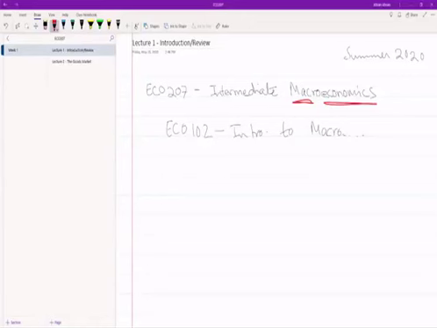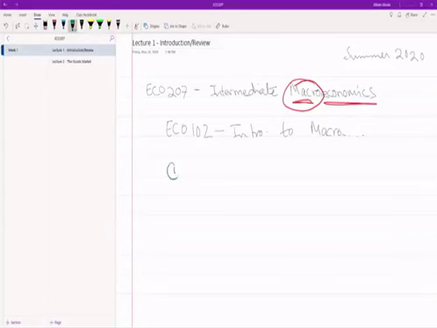By contrast, when we study macroeconomics, we're looking at something larger. We're looking at the entire economy, not one particular market, but let's say the entire economy of Bangladesh or the entire world economy. If you remember from 102, there are three major components to the study of macroeconomics.